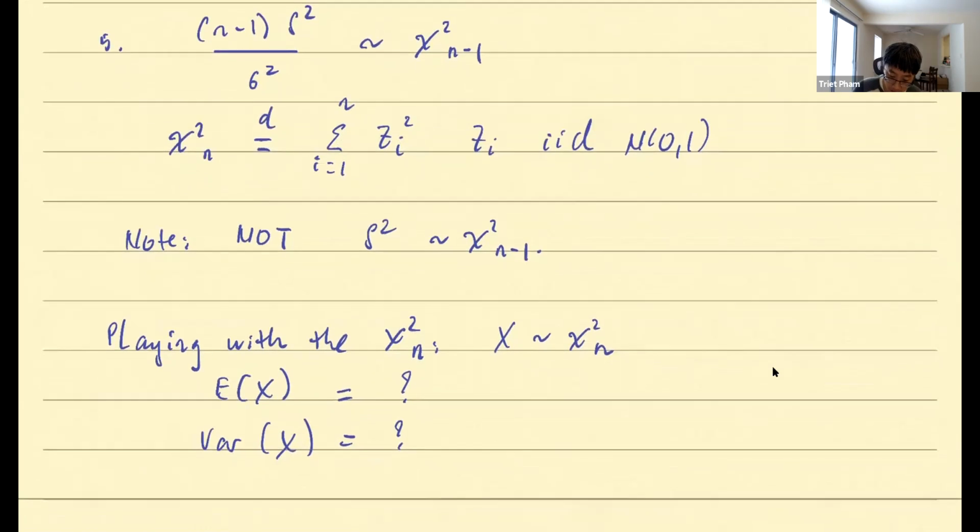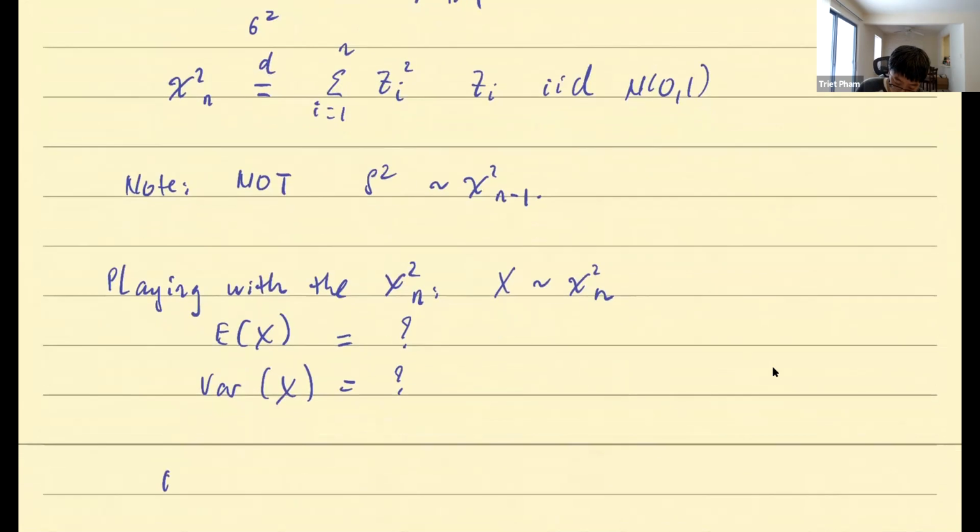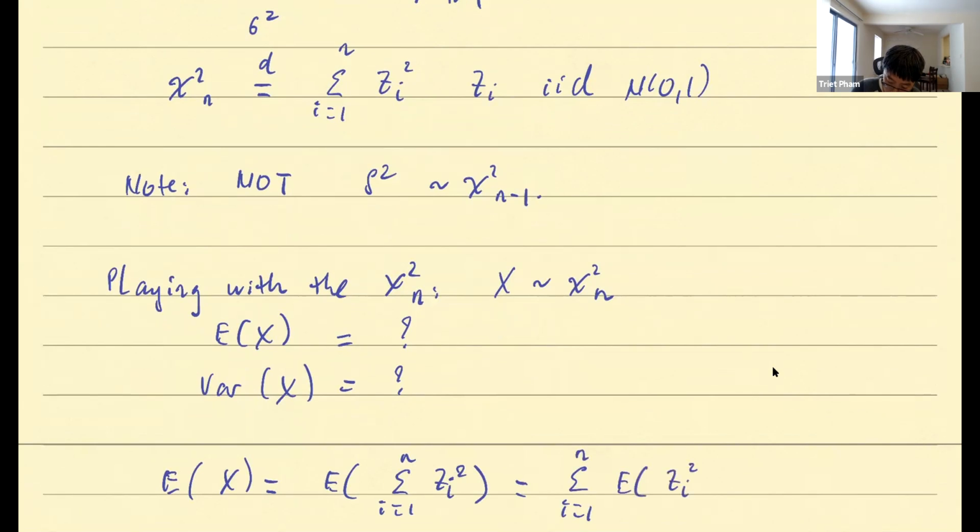In other words, because a chi-square has this representation, its expectation will be this expectation of the sum. But of course, expectation of the sum is a sum of the expectations. Now, can anyone tell me what the expectation of zi square is?